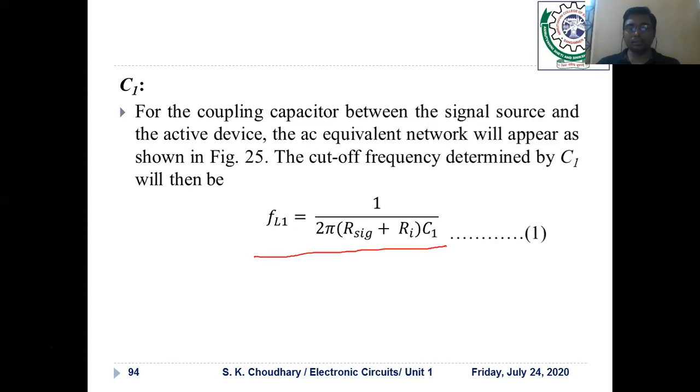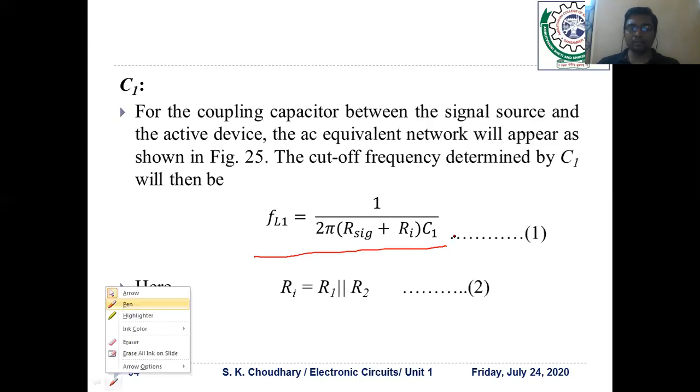So here C1 is playing a major role, that is the coupling capacitor in the input network of the common source amplifier. And Ri is nothing but the parallel combination of R1 and R2. Okay.